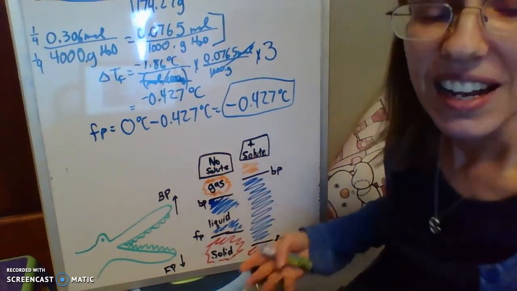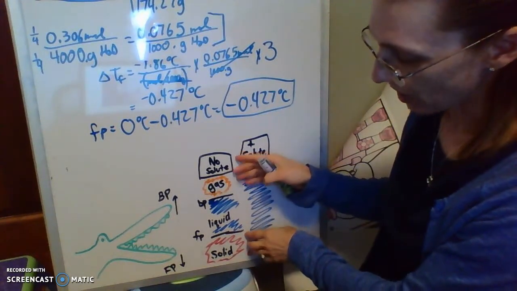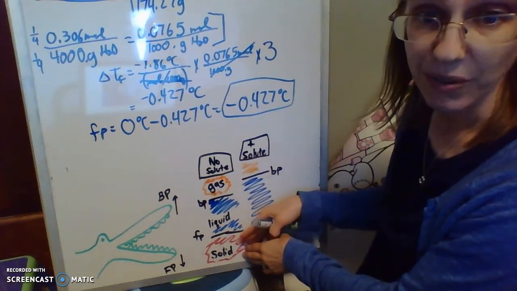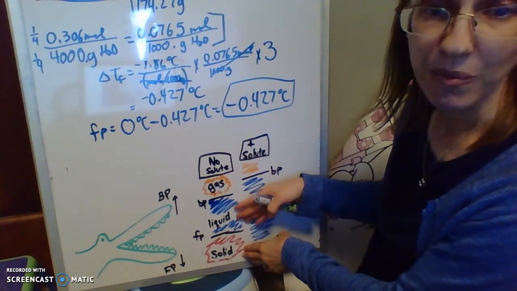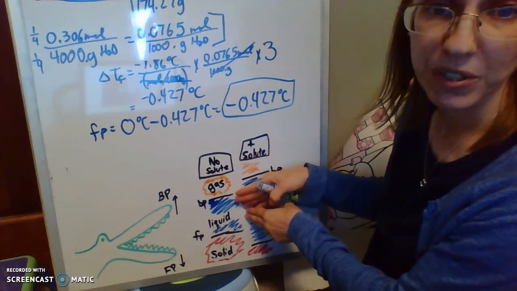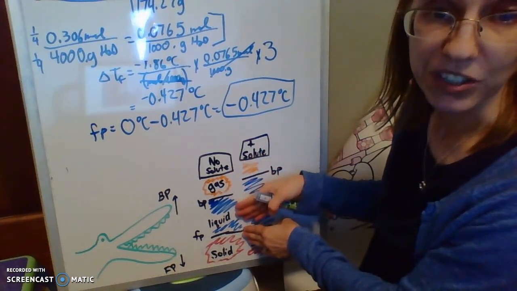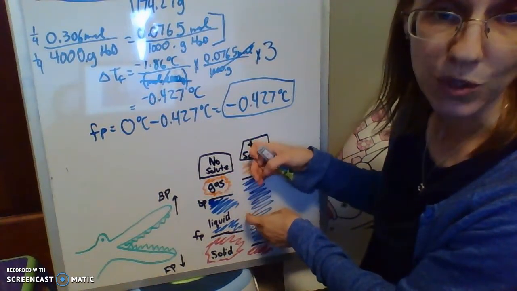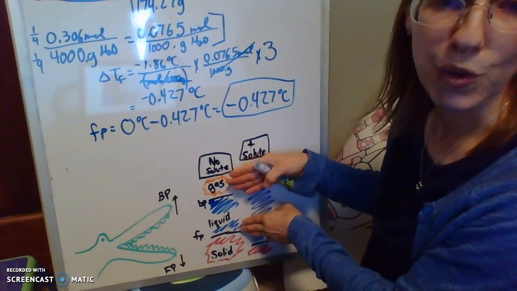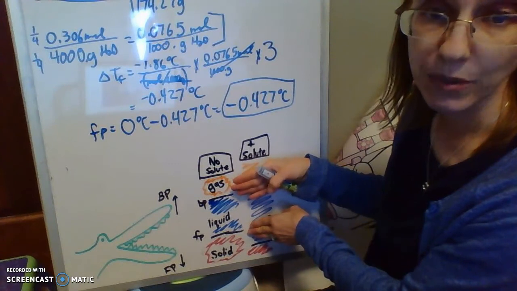Okay? Another way to look at it is this is our basic picture with no solute. We have the solid, we're going to have the freezing point, that's the temperature at which it turns into a liquid. Then we're going to have the boiling point, that's the temperature at which it turns into a gas, right? So this is our normal picture of our three states of matter. When we add a solute, it's going to want to stay in the liquid state longer.